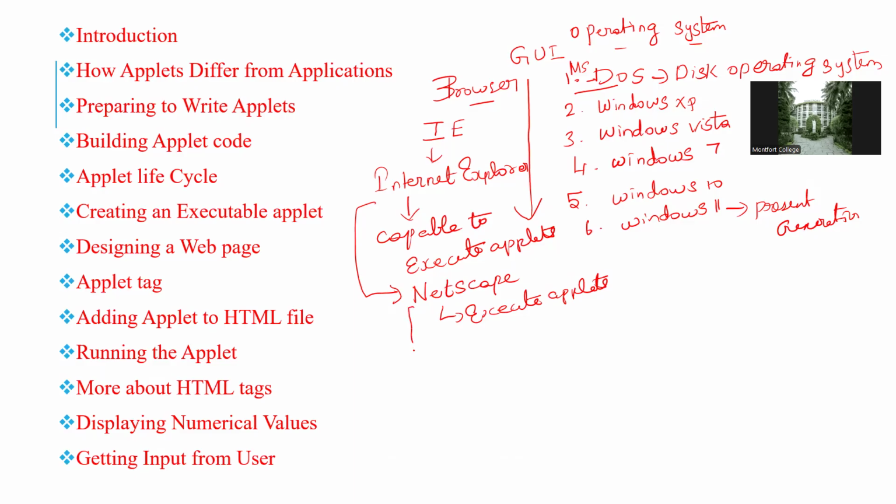Next, after Netscape, came Firefox. These are the popular three browsers: Internet Explorer is one, Netscape is two, and Firefox is three. These three browsers are capable of executing applet code.